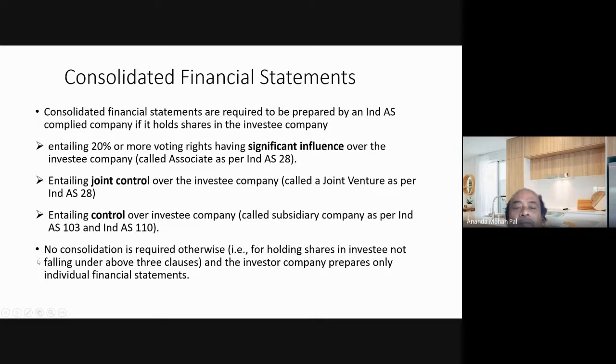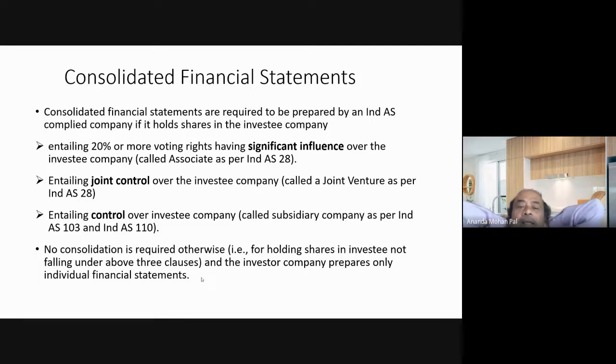And no consolidation is required otherwise. That is, if these cases are not there, consolidation would not be required. For holding shares in an investee not falling under the above three clauses, consolidation would not be required. The investor company prepares only individual financial statements, what we called earlier standalone financial statements.